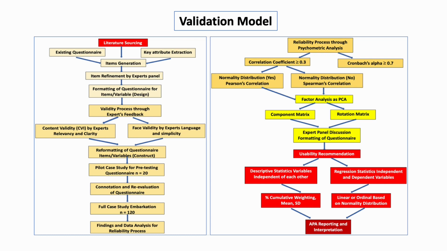The items are sent out to the experts, especially for relevancy and clarity, and this is called content validity, CVI, content validity index. Face validity by the experts for its language and simplicity is also accounted for, and the opinion is sought on that from the experts as well.